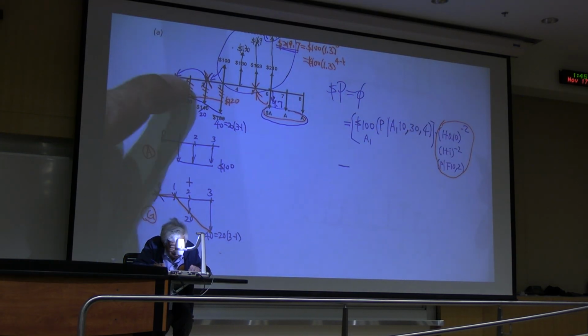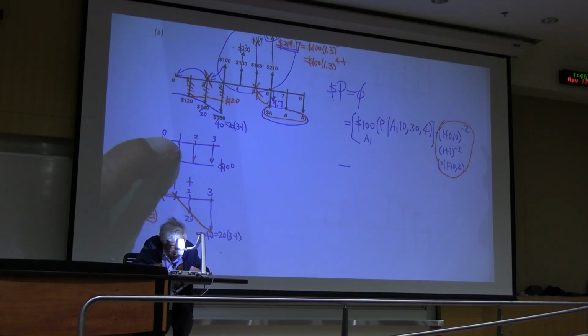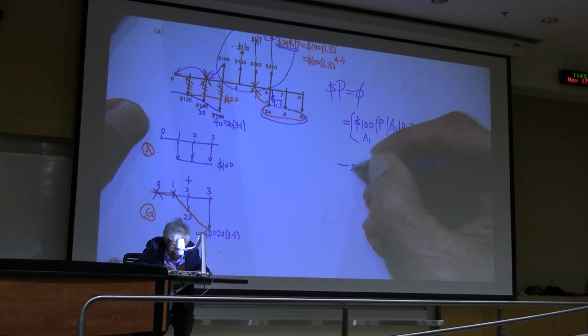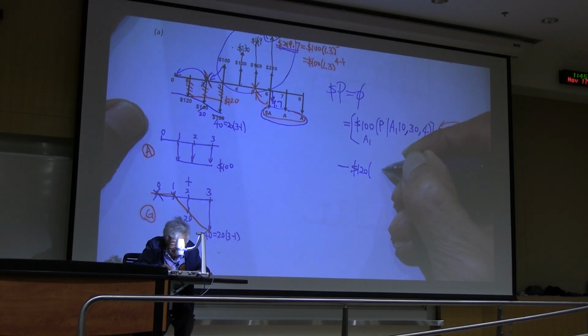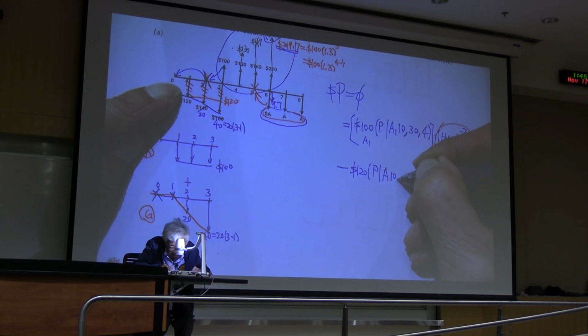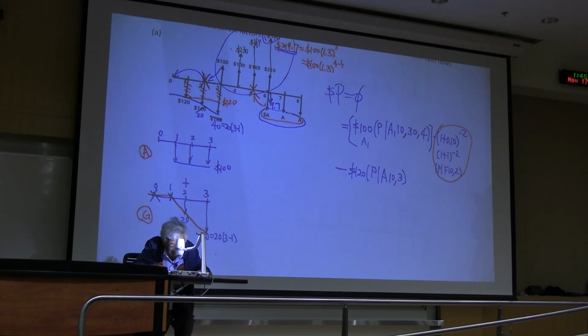Minus this one. That is the sum of a uniform series and a graded series. Right? So, 120 given A to find P, 10% interest rate, 3 interest periods. That is this.